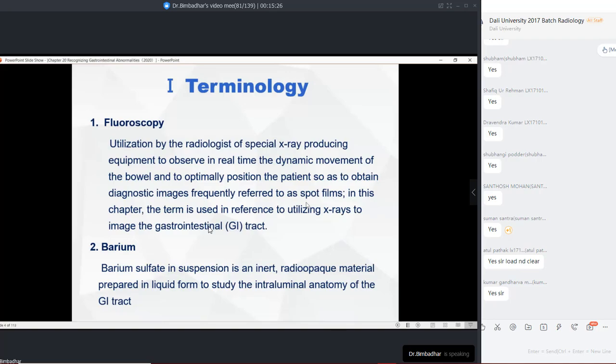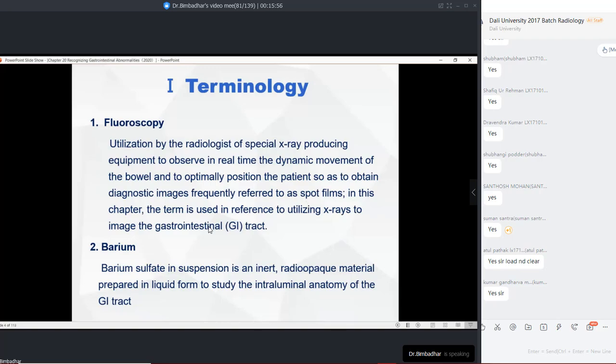Obviously, you have to understand that fluoroscopy takes a very long time, and it also has a radiation risk. And yes, it is uncomfortable to the patient, but still its benefits outweigh its risks. It provides very high diagnostic information, and most of the time a physician must be aware of these techniques.